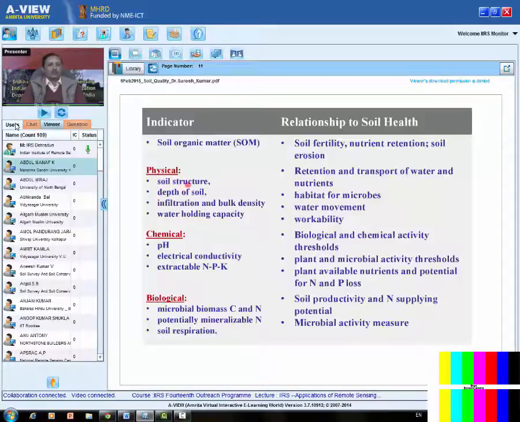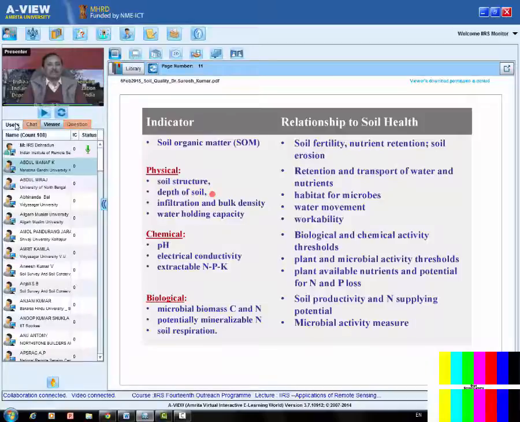Suppose you go to the soils, you can see the soil structure. What is the structure? It is the arrangement of the soil particles. In the manuals it has been described how you can find out the structure. If it is granular structure or subangular blocky, we suppose it is good structure. But if it is platy or some other type of structure, it is not a good one.